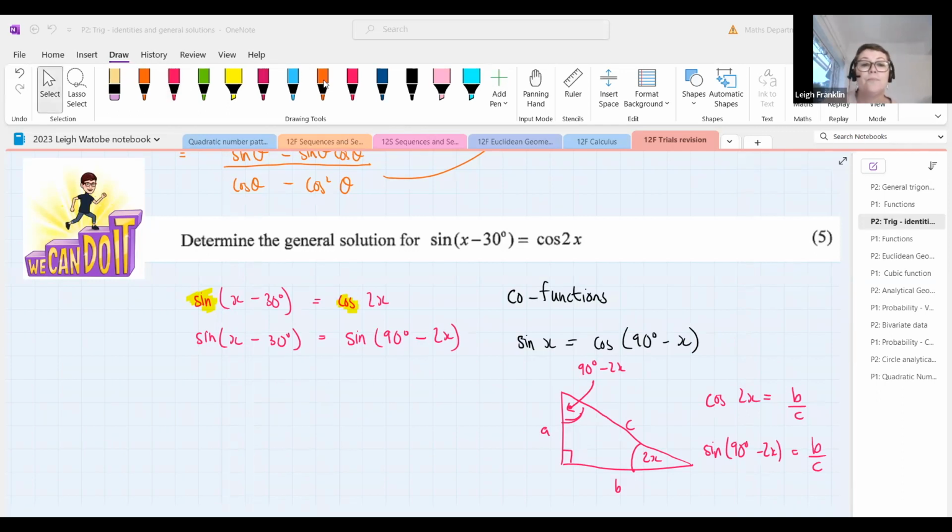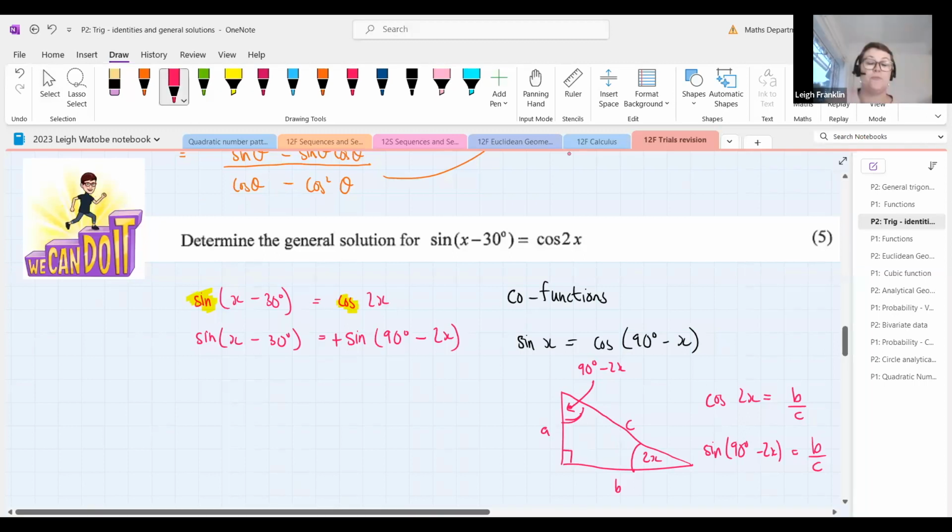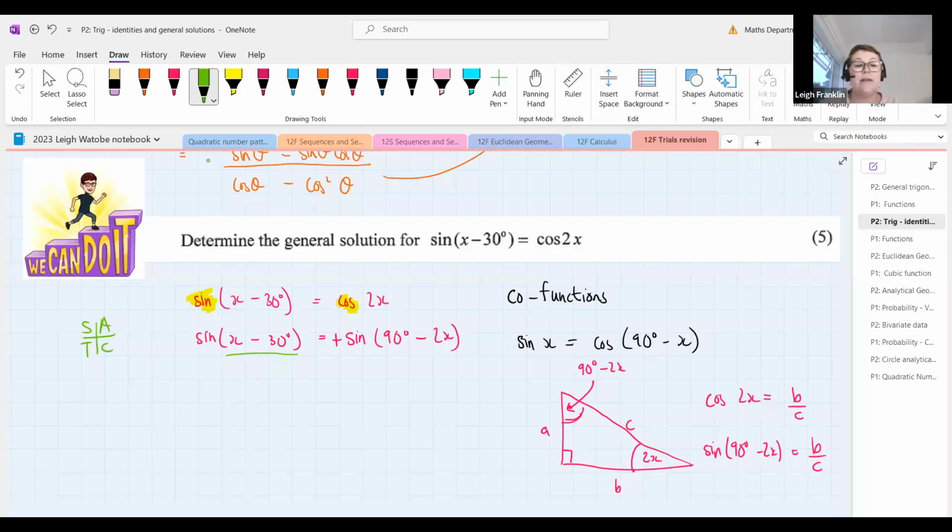Cool. And then what we see on the right-hand side, this is positive. So what I like to do is this. I like to work with this bit over here on the left as my angle. And now again, I'm working with the CAST diagram. I'm saying there are two quadrants in which sine x is positive: quadrant 1 and quadrant 2.